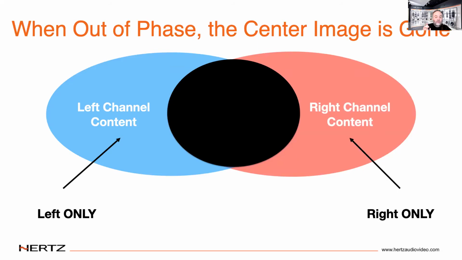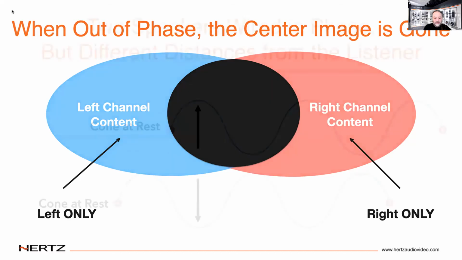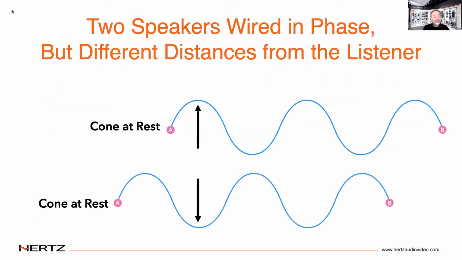Now, what if we do two speakers and we wire them properly, but one of them is farther away than the other one? Well, we're going to get cancellations at certain frequencies now as well because of the distance. And because of how sound works, the distance will dictate which notes get canceled out. I'll show you an example that comes from some average distances in a car.